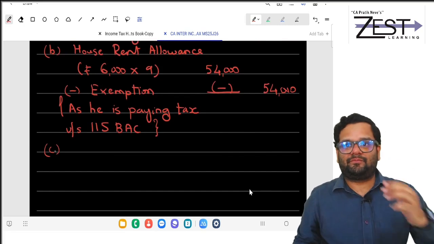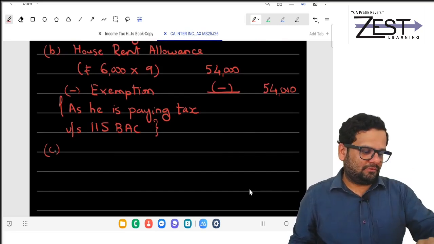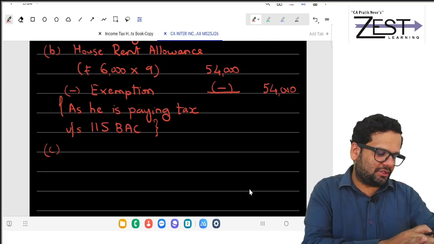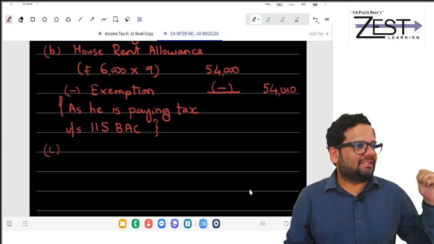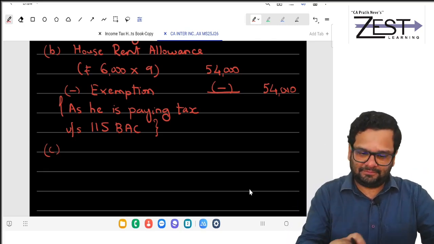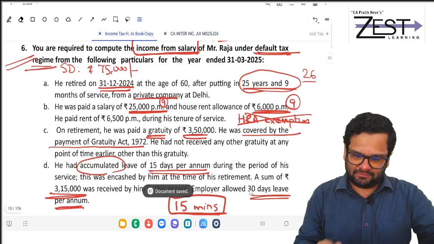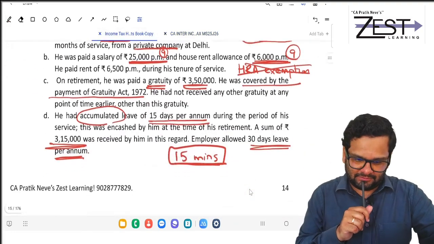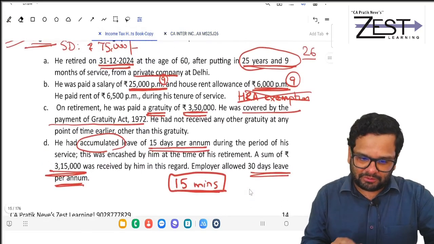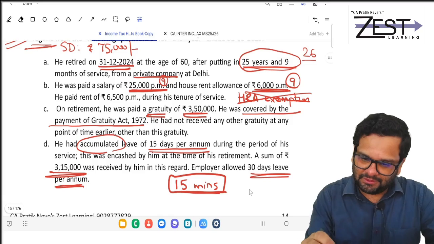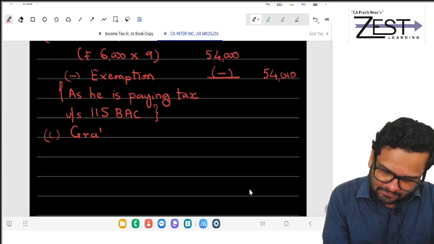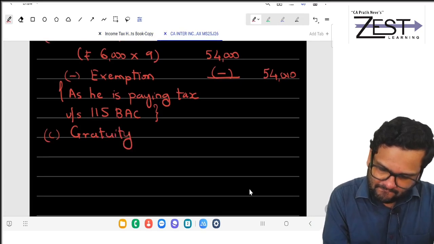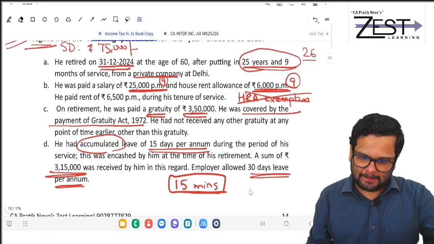Next, friends, I am repeating, it is your question. So please tell me what is the next point. Fine, no problem. Gratuity is how much? 3,50,000.